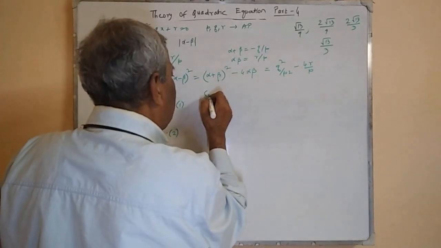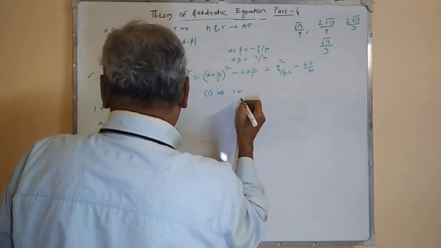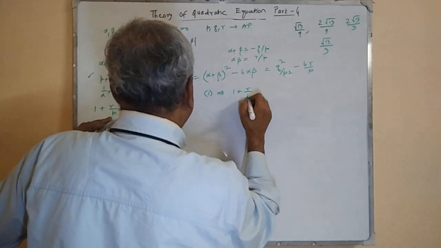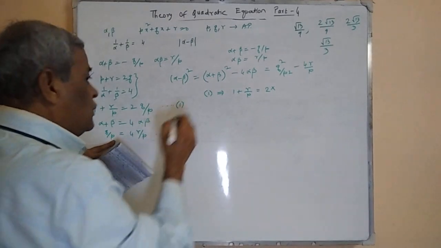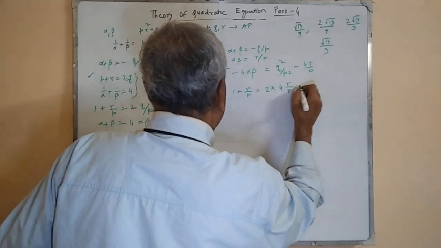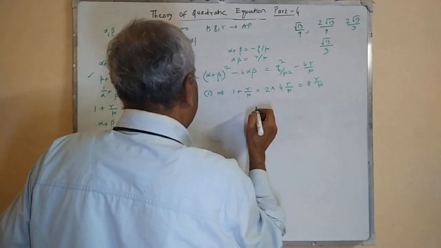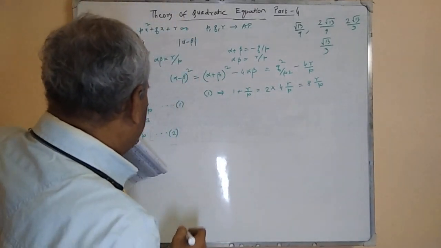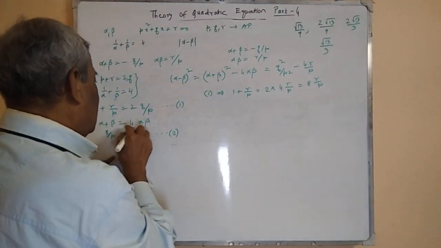From 1 we get 1 plus r by p is equal to 2 into q by p. Q by p is equal to this one, 4 r by p, 8 r by p. Taking this into that side, alpha plus beta is minus, that is, this is minus.